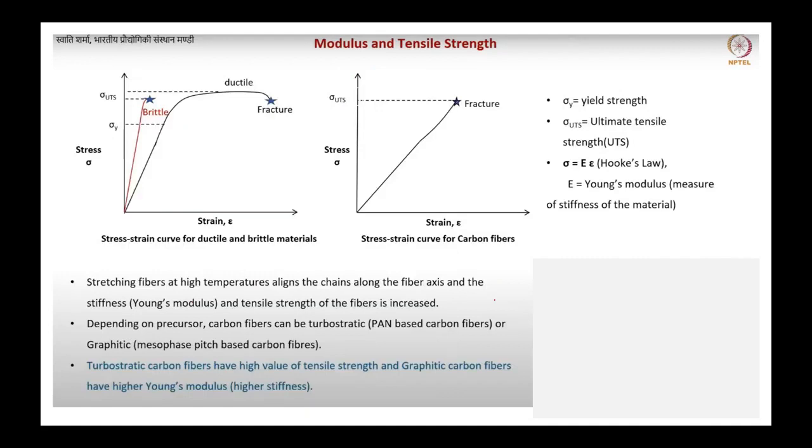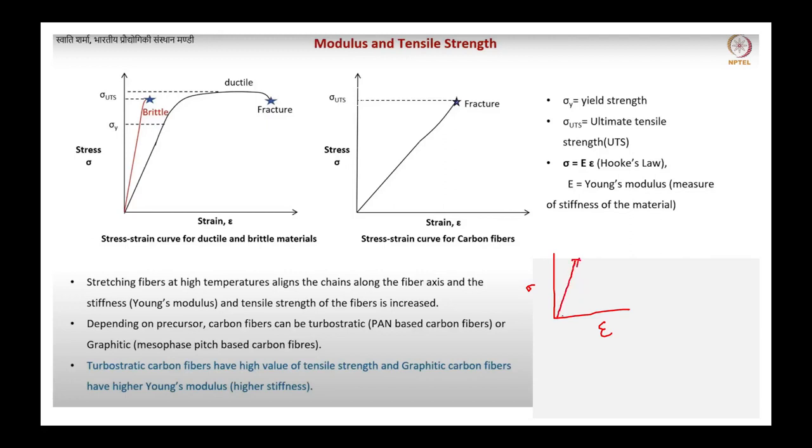So here this is your stress strain curve. From here you can get the values. For an example, this axis is your stress, and this axis is your strain. If your material is brittle, then it will fail like this. So this is your brittle material.